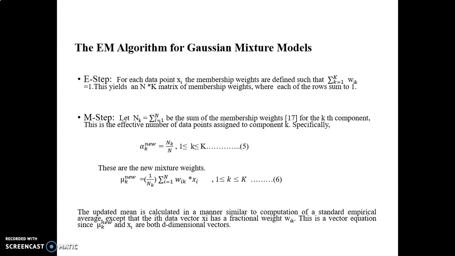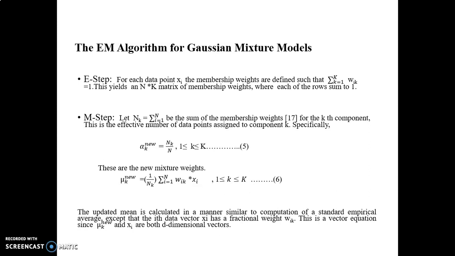And in the M step, let n k equal the summation of i equal to 1 to n of the membership weights. For the k-th component, this is the effective number of data points assigned to component k. Specifically, alpha k new equals n k by n, for 1 less than or equal to k less than or equal to K, and these are the new mixture weights.